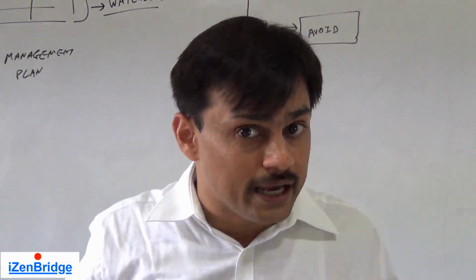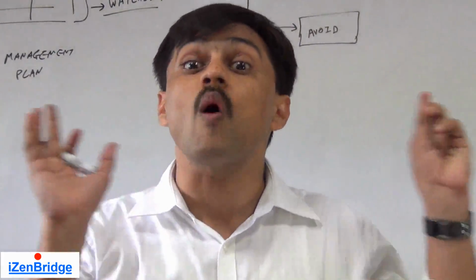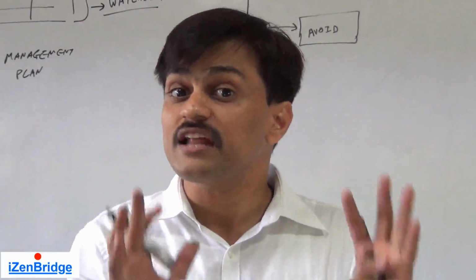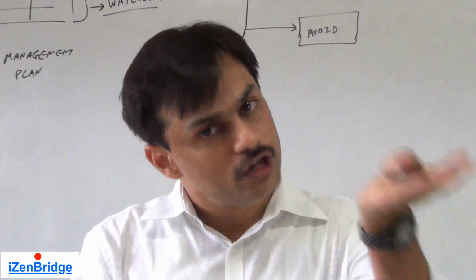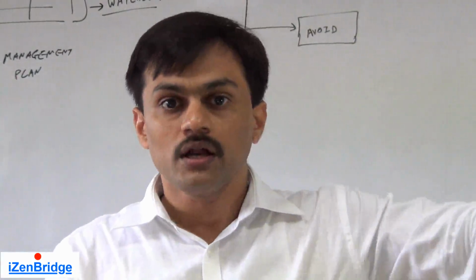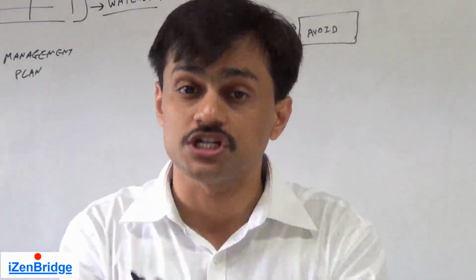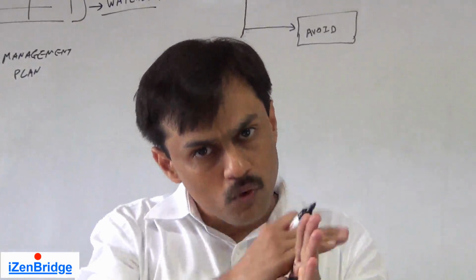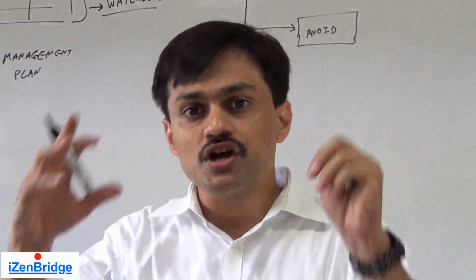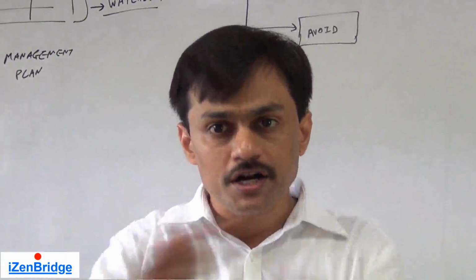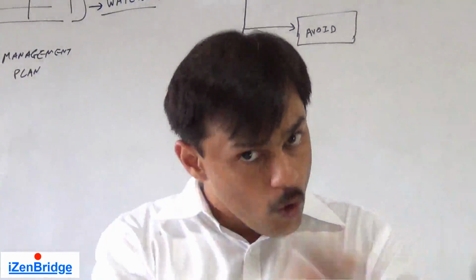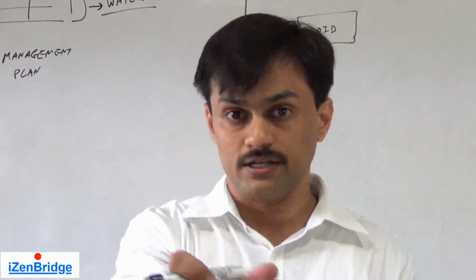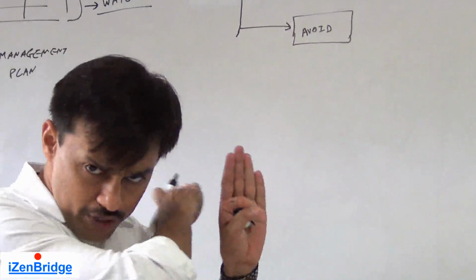So you can decide, if the feature is not that valuable and the customer is not expecting it as a must-have feature in that particular product, to remove that feature. Now, avoid is a strategy where we try to remove the source of the risk. We try to avoid the risk 100%. Either we change our approach or we remove the scope which is generating the risk. So avoid strategy, remove it 100%.